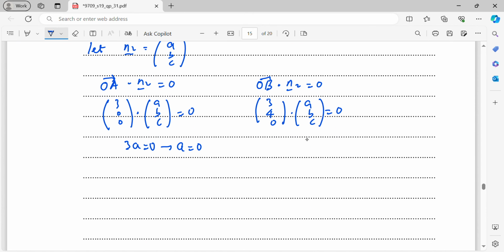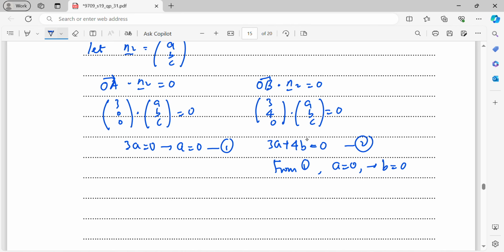Therefore, I will get 3a plus 4b equals 0. Remember, just now a is 0. So from the first, a equals 0, that means my b equals 0.